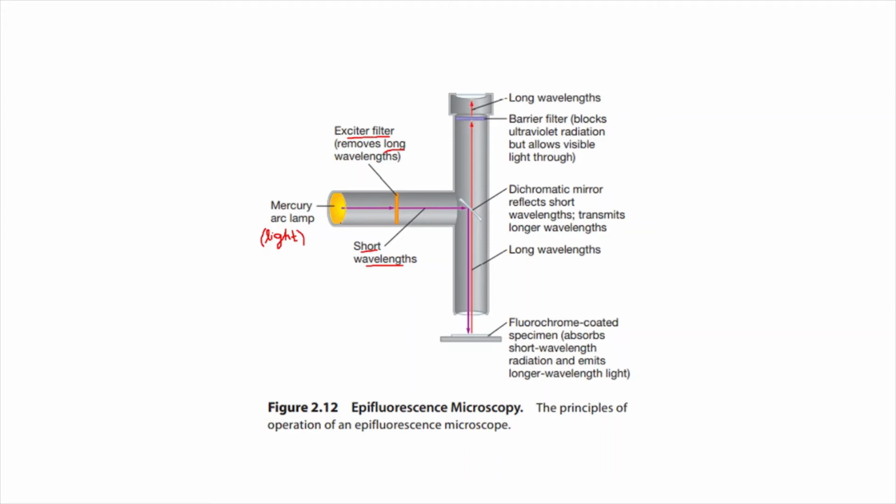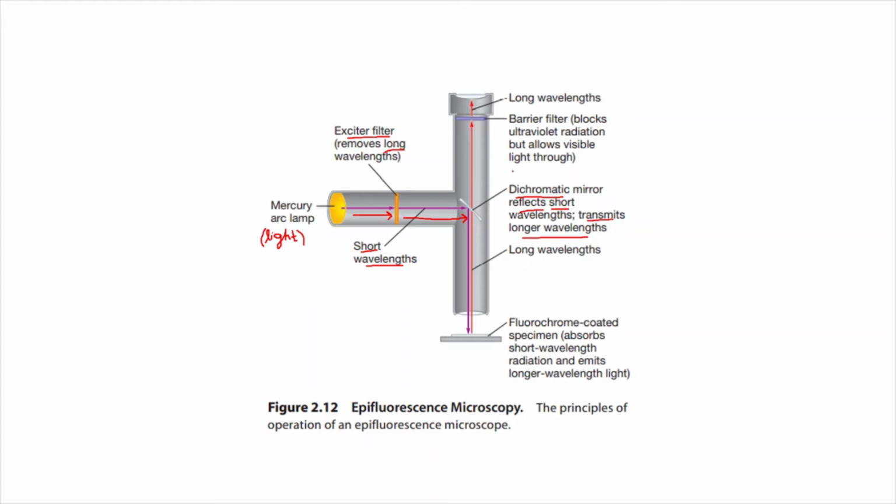So here you will notice that light is passing through this excitation filter. Here it is going and then it is reflected by the dichroic mirror. Now the function of the dichroic mirror is that it reflects shorter wavelengths, but for longer wavelengths, it transmits the longer wavelengths.